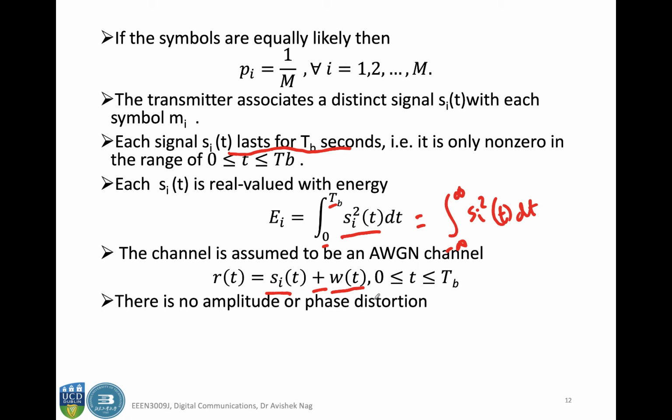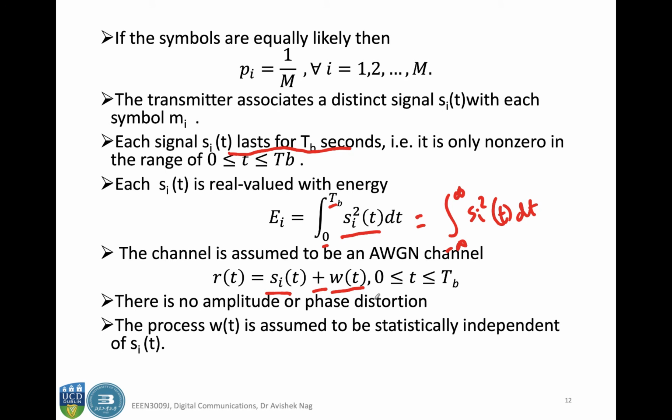So the amplitude of the signal remains the same, there is no attenuation, and the phase of the signal is also not changed. The only change happens because of the addition of the noise.